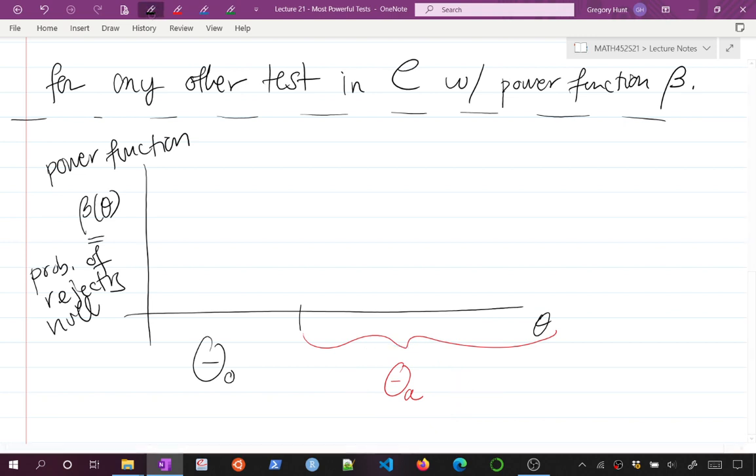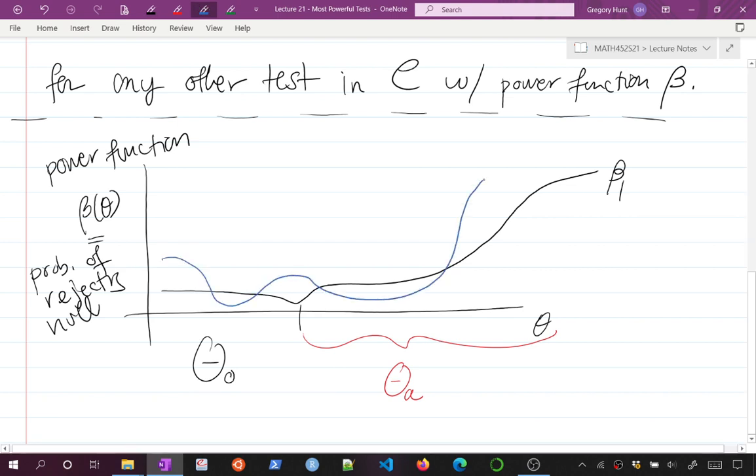So there are many different power functions depending on the test. You might have a test that has a power function that looks like that, I don't know, beta 1, that's the power function of a test. Maybe you have another test that looks like this, maybe beta 2.